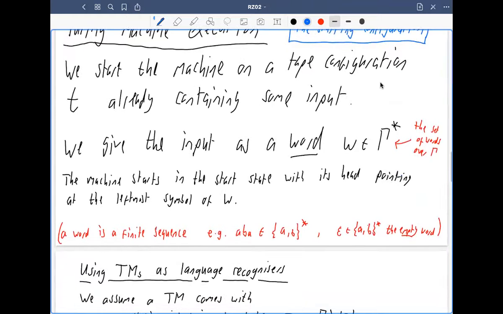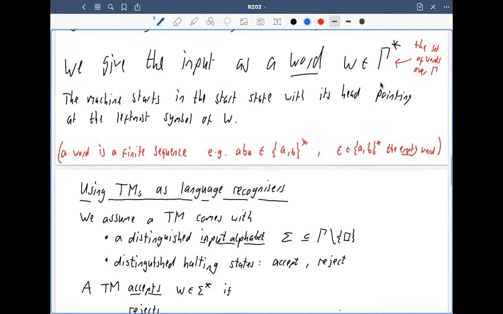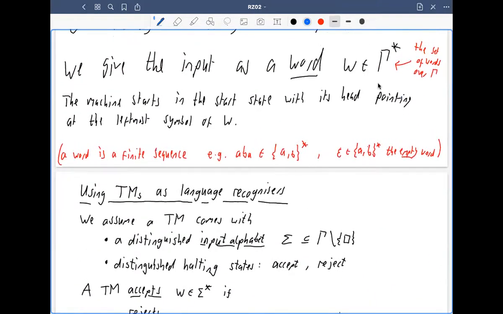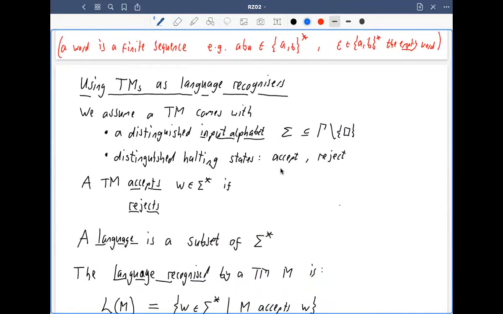Okay, so that's pretty much the extent to which we're going to be going into the formal mathematics of Turing machines. But the example machine I gave you does a little bit more than that. There was a little bit more information, and that's to do with the precise task that we're asking the Turing machine to solve. And this task is to do with recognizing words.